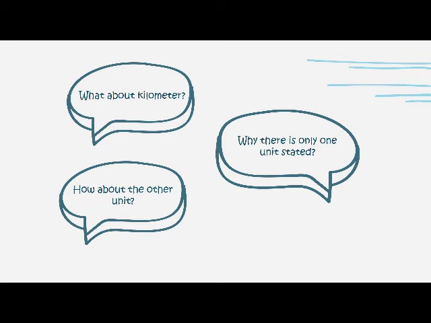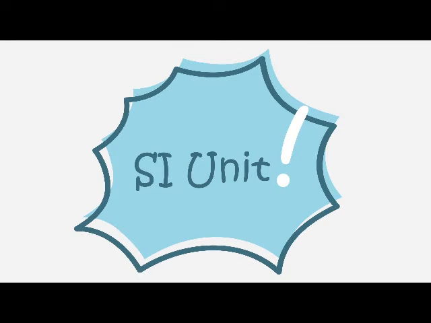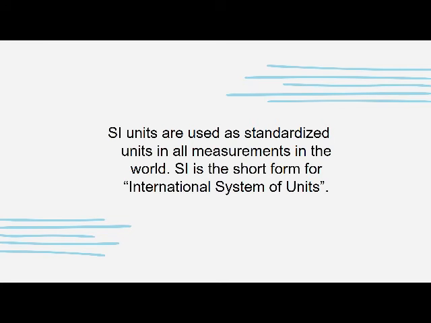So to find out the answer, we need to know about the international standard unit. SI units are used as standardized units in all measurements in the world. SI is the short form for International System of Units.